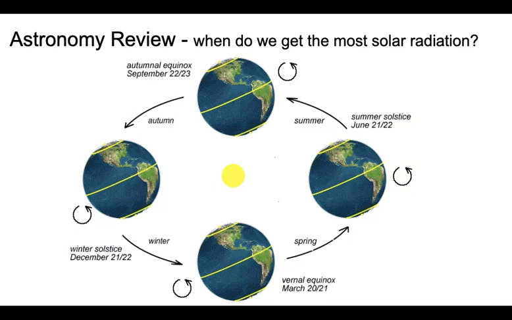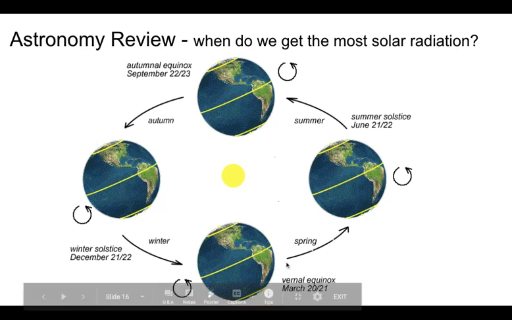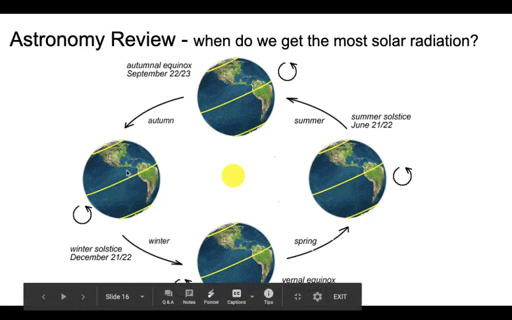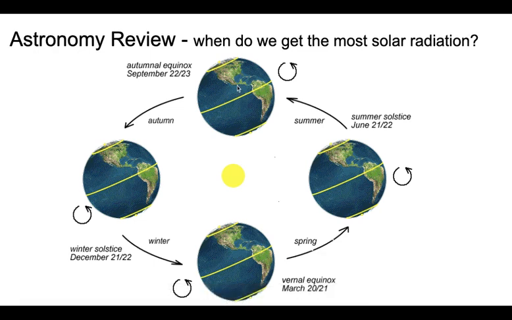Rewinding back to astronomy from first trimester, when do we get the most direct solar radiation? Do we tend to get it in the winter, in the spring, in the summer, in the fall or autumn?